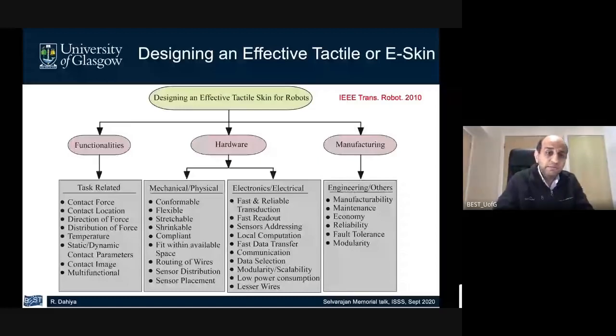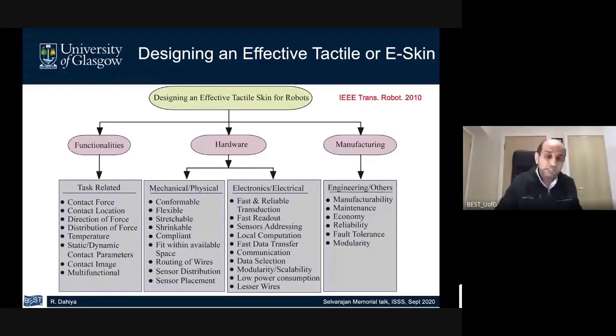How can I have mechanical aspects such as conformability, flexibility, stretchability? If you look at robotics, at the joints particularly, you need stretchable sensors or stretchable electronics. Then there are the aspects related to fast response, and that is very important, because if you are getting a stimulus, you are sensing something, and an action needs to be taken based on that sensor feedback, then it has to be a fast response.